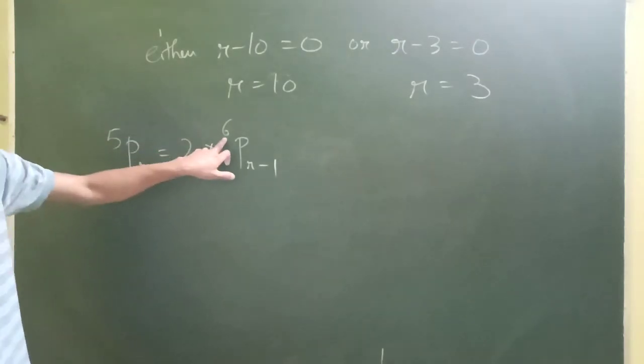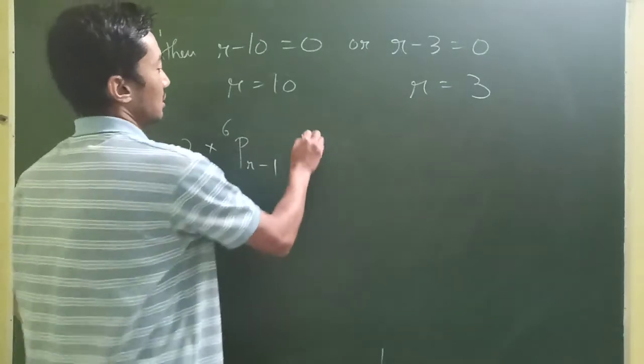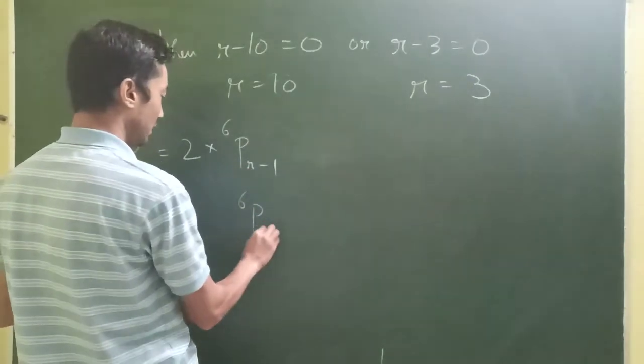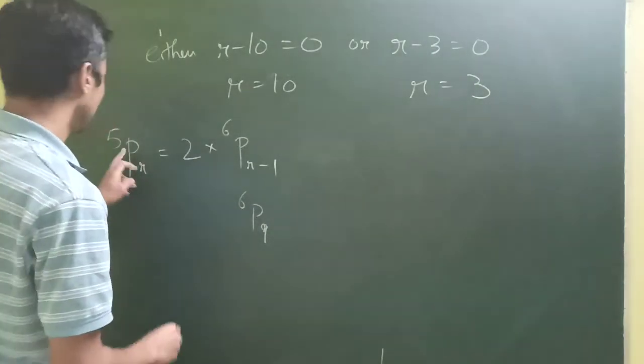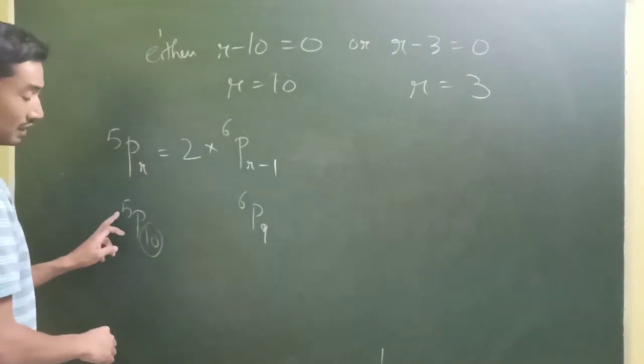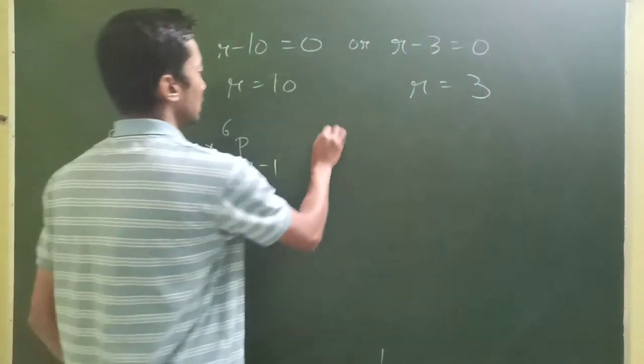5 or maximum 6. Now this 10 we cannot use, because if I use 10, this will become 6P9 and this will become 5P10. Now this is becoming bigger than this. That is not possible. I've already told you why it's not possible.